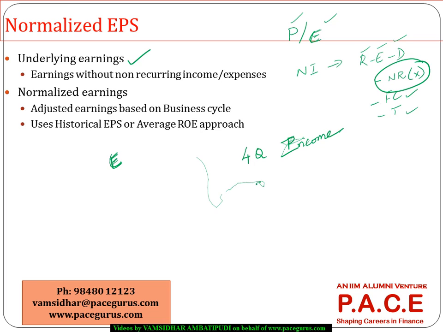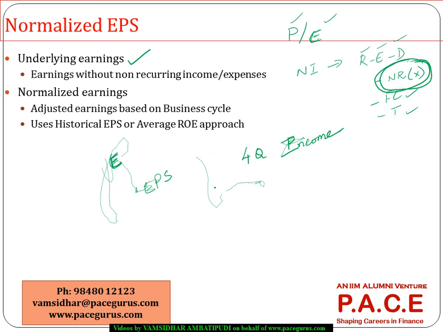Whatever is from the last 4 quarters income statement, let's say whatever is the EPS that is being arrived at, we can make a modification to that EPS by removing the non-recurring components.